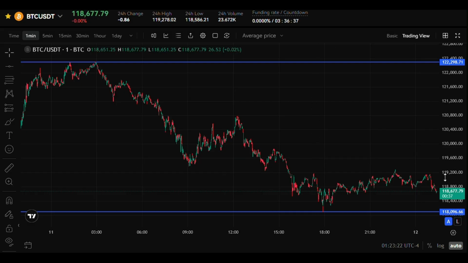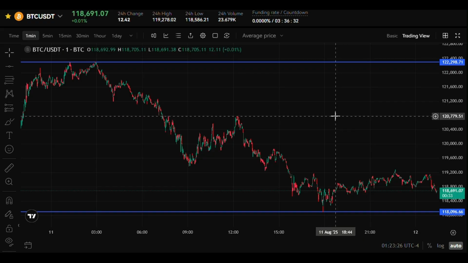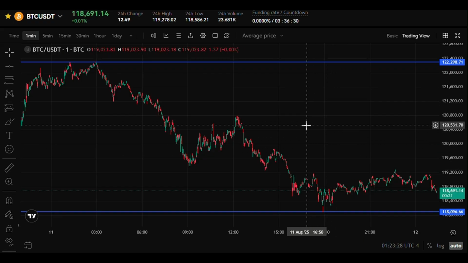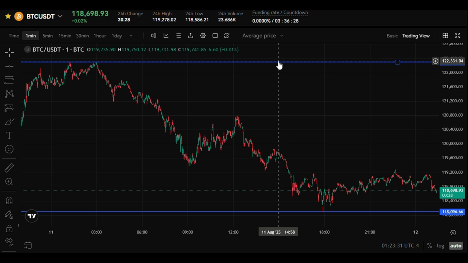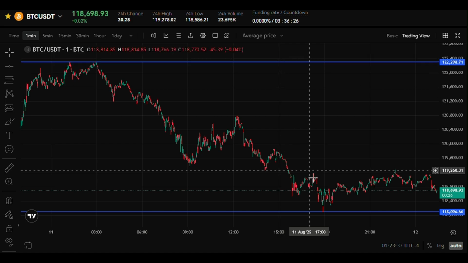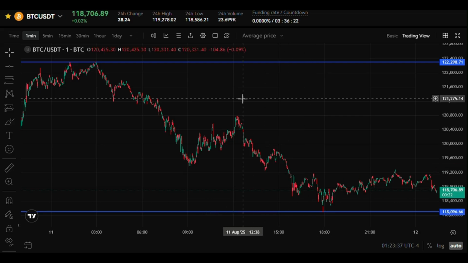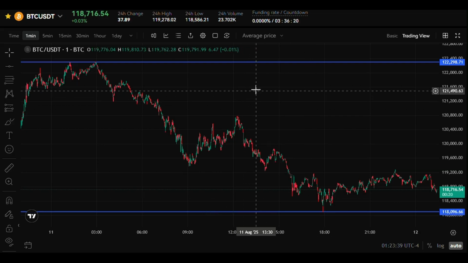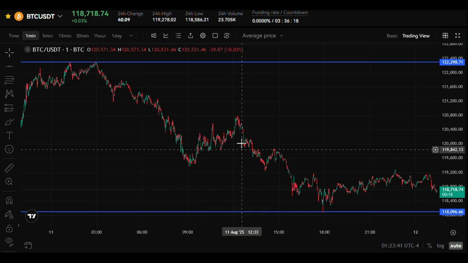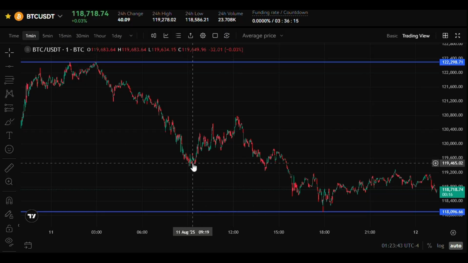Now, if you were trading the day or longer time frames, you'd want to zoom out. You would not be taking trades up here near the top. You would not be taking trades down here near the bottom. You'd be taking trades in this meaty section right here, hoping to take a trade here.